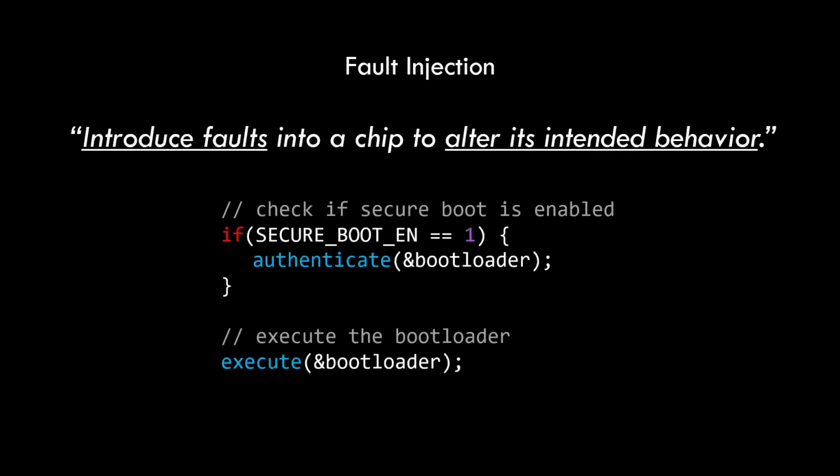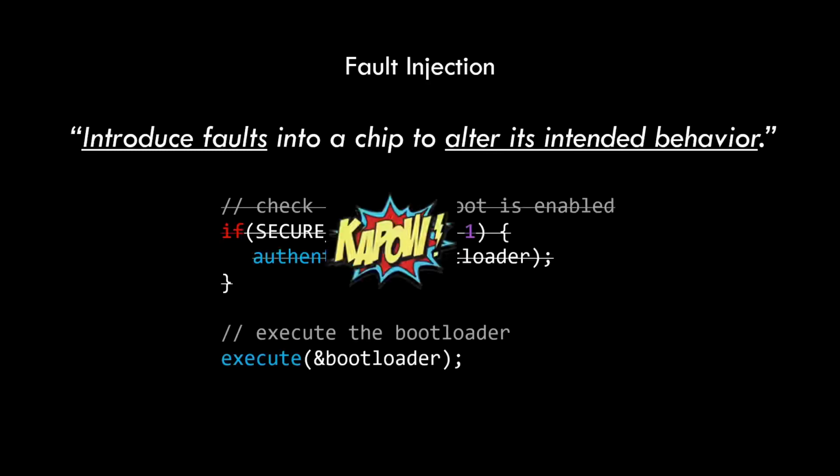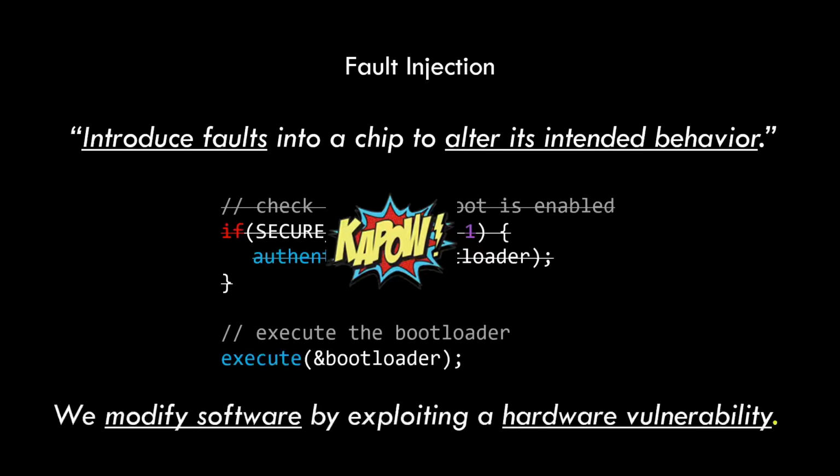Now, using fault injection, we can inject a fault at a very specific moment in time in order to change the intended behavior of this conditional statement. And this allows us to bypass the authentication function and execute a modified bootloader. So we are basically modifying the software that the device relies on by exploiting a hardware vulnerability.